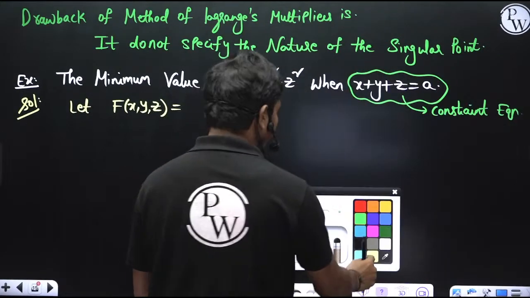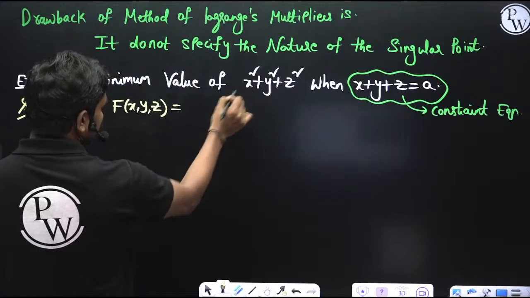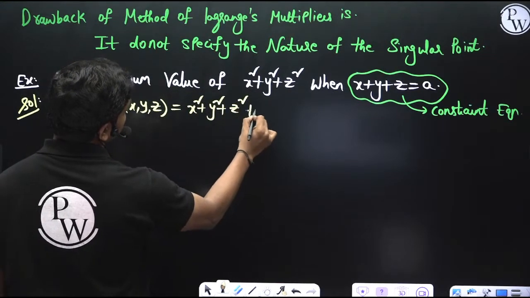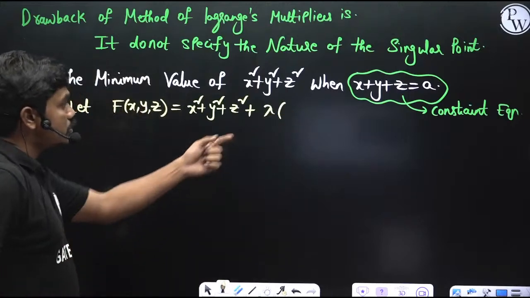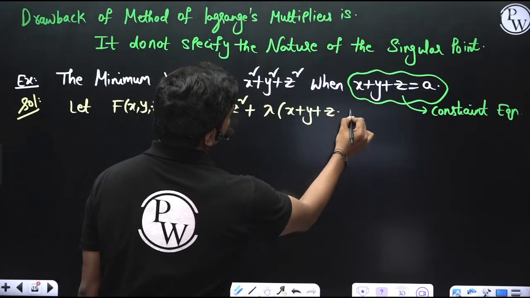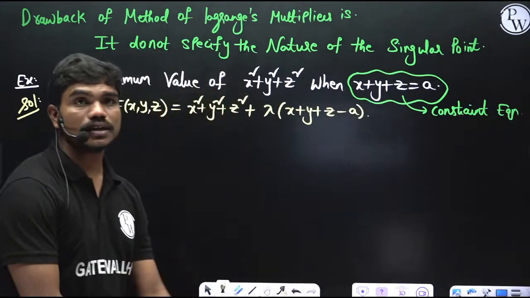So let's see, first of all form this auxiliary function. The function to be optimized, x square plus y square plus z square, plus lambda times this function, which is the constraint function, x plus y plus z minus a, of course. Okay, so this is the function actually.